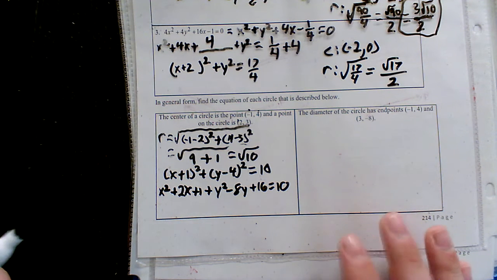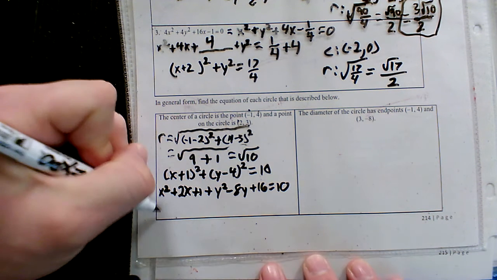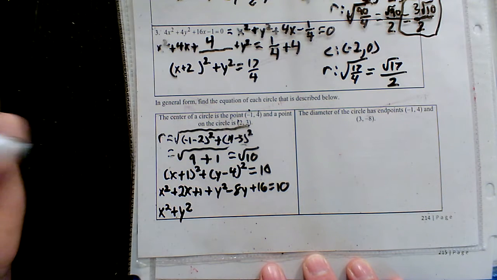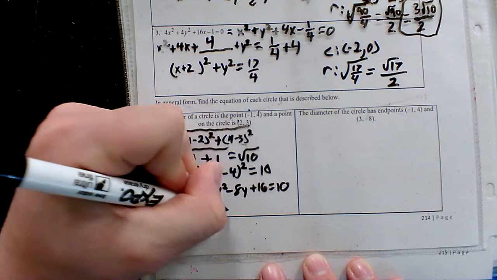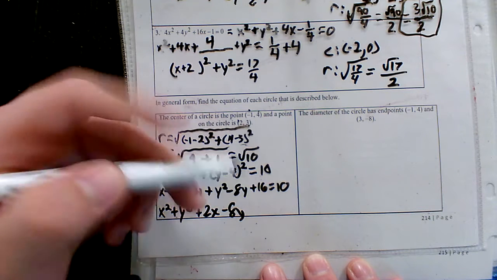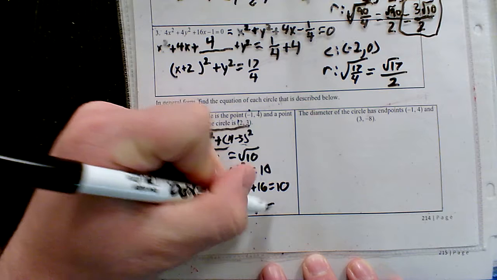You have to actually make it look like the general form from up above. Put your x squared, then your y squared, then your ax, by, and c. Okay, so just because you have it all expanded doesn't mean you can stop. You still have to put it into the form. So x squared is first, then our y squared, then our ax. Well, ax is the 2x there, so plus 2x minus 8y. And it has to be equal to 0, so you subtract your 10 over and add the 1. You get plus 7.